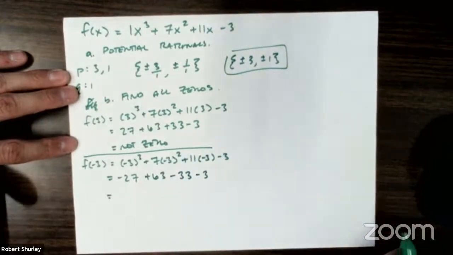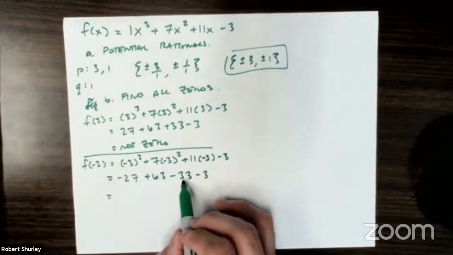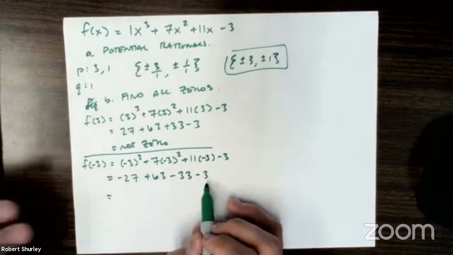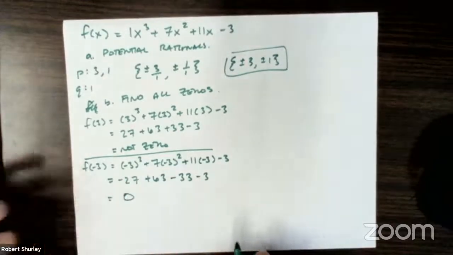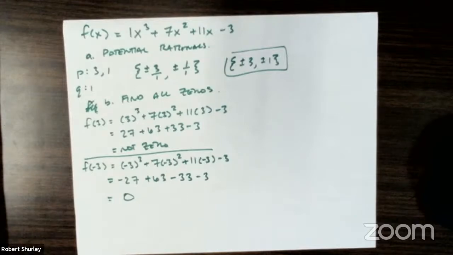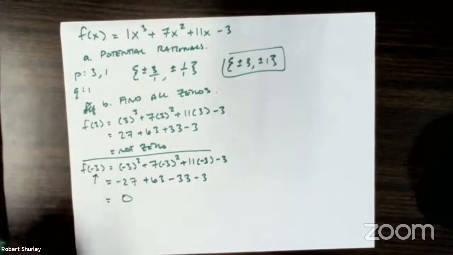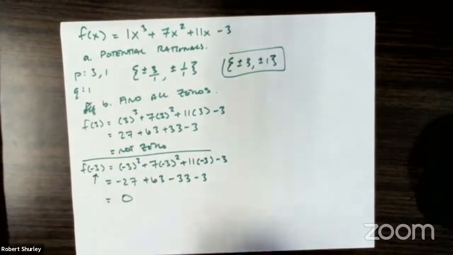This has potential. So -27 minus 33, that's -60, minus 3. Boom, we found it. Check me, make sure I'm right on this one. I believe that adds up to 0. So that tells me -3 is a zero.